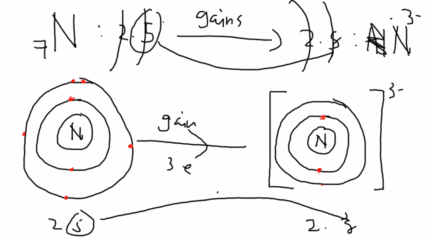They have 2 here, and then you have 1, 2, 3. So 2, 5, this is the original they have. Now put in the cross for the 3 electrons that you gain. Pair up the electrons, you can see I pair up the electrons. So 3. This is the dot and cross diagram for nitrogen. Alright, that's all for this lesson.